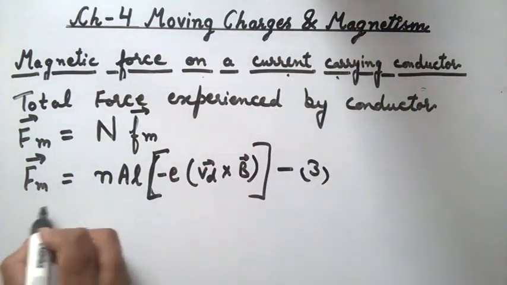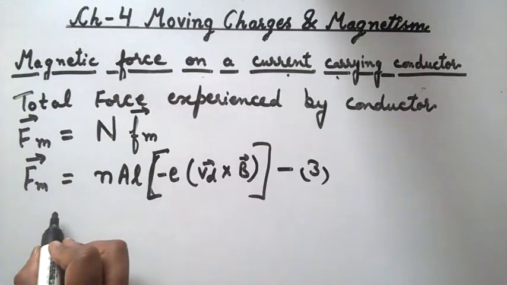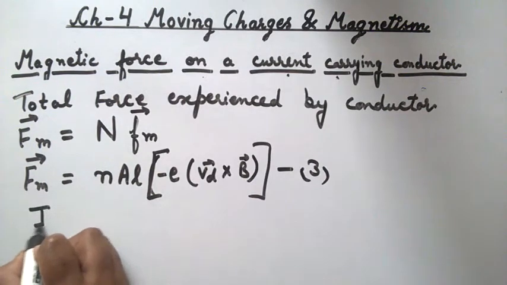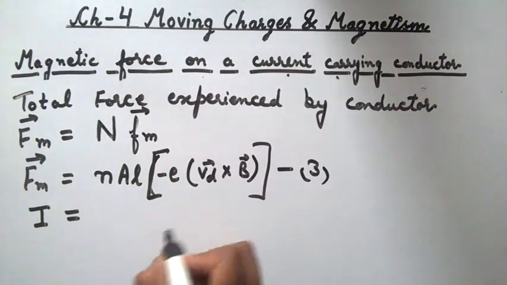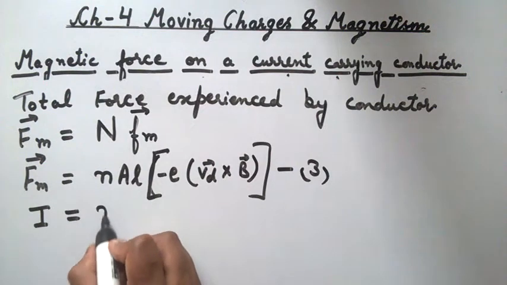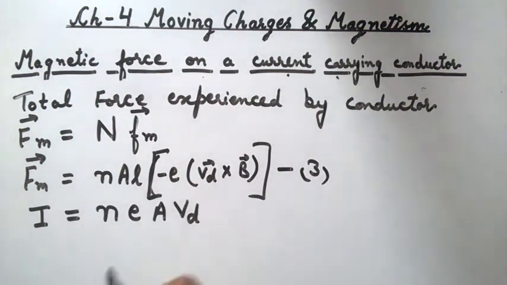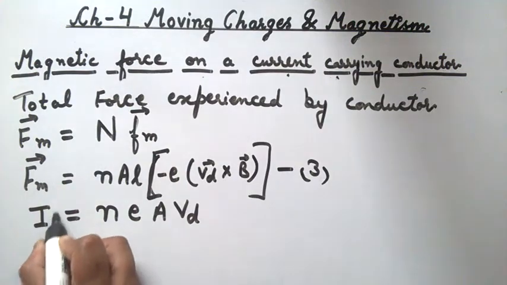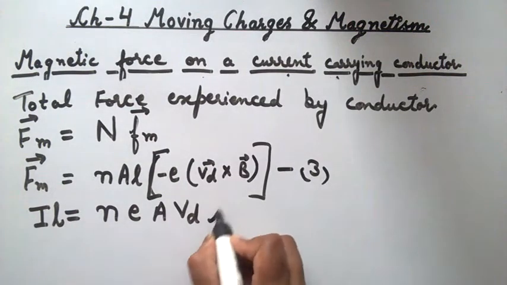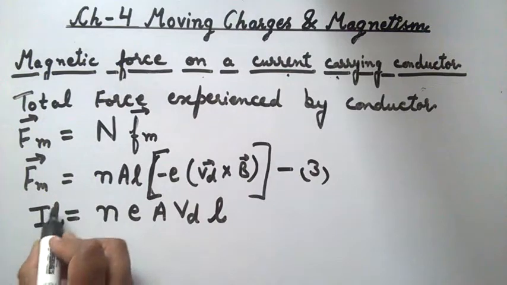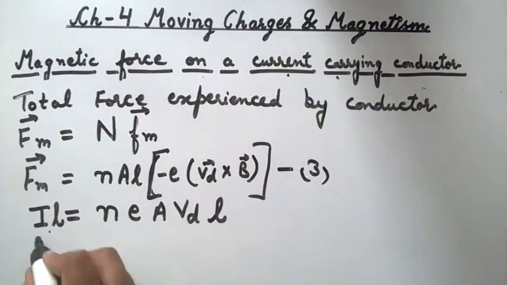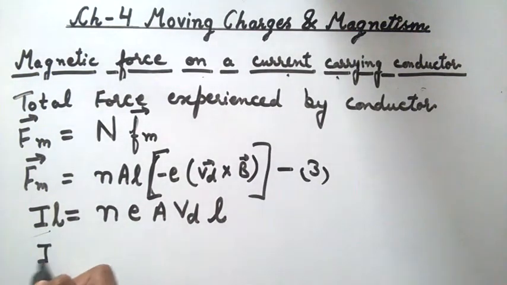Now, in current electricity, that is in chapter number 3, we have studied the relation between current and drift velocity, that is I equals n e A Vd. Now multiply both sides by the length of the conductor and take IL as IL vector.